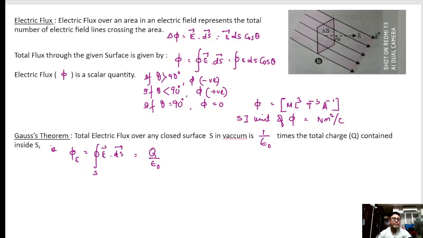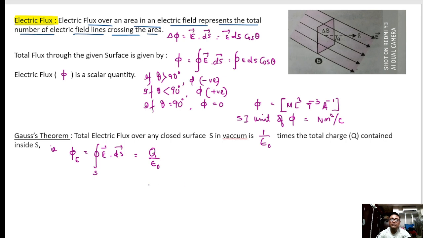Next, let's see. Now we are going to study what is electric flux. Please watch here. Electric flux over an area in an electric field represents the total number of electric field lines crossing the area.